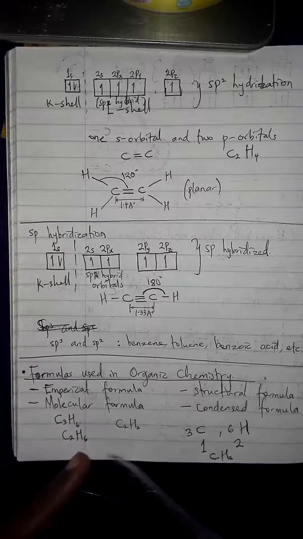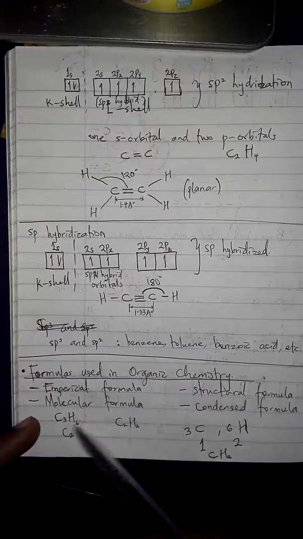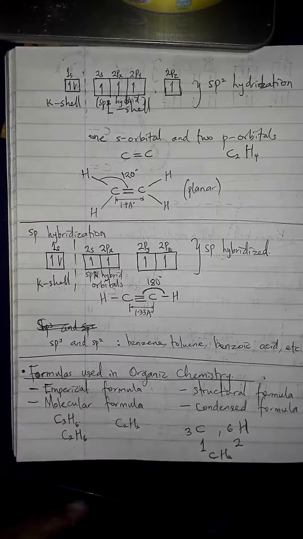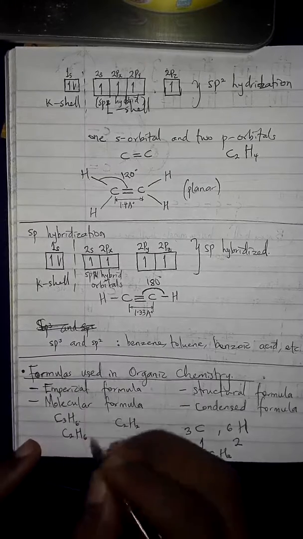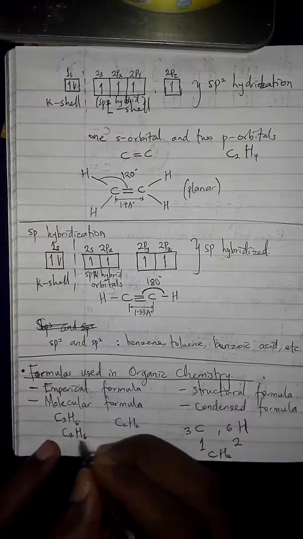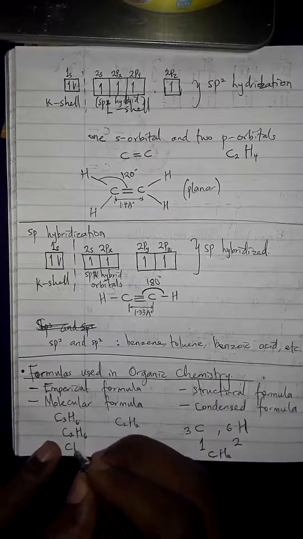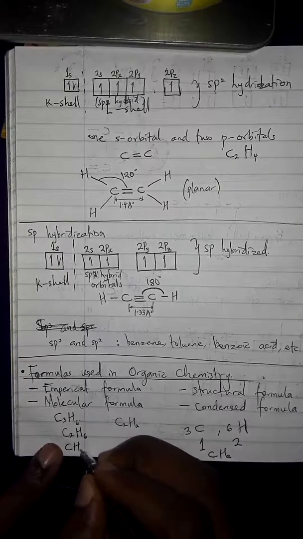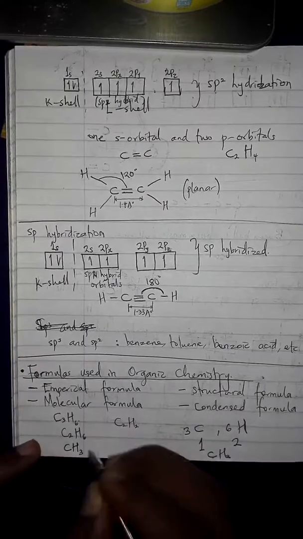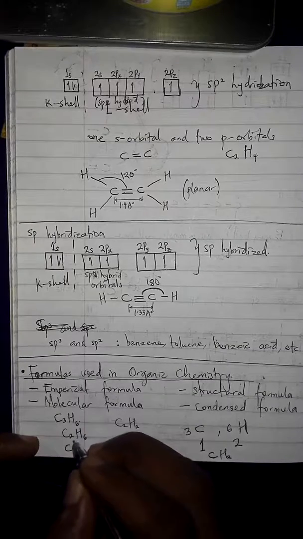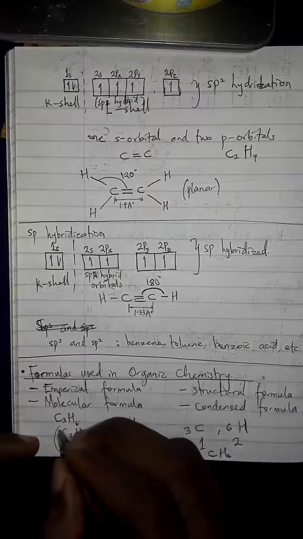So this is the empirical formula of the compound C3H6. Now for C2H6, what's the simplest ratio of combination? Of course, we can divide all through by 2. So the simplest ratio of combination is shown by CH3. That's the empirical formula for this one.